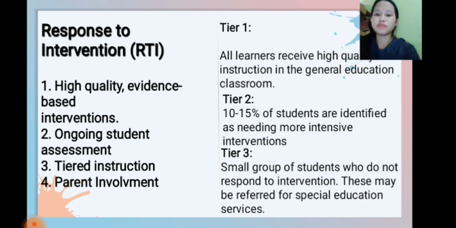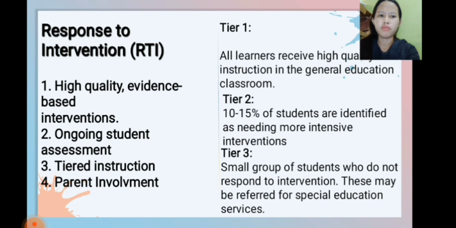Of course, parents must be involved in this response. RTI has three tiers. In tier number 1, all learners receive high quality instruction in the general education.